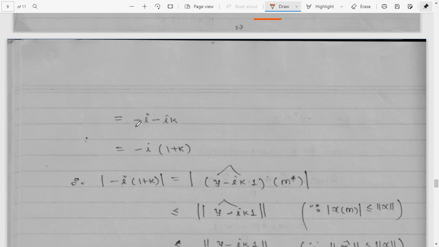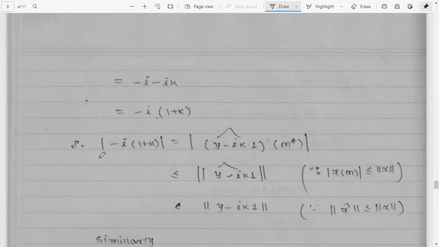Now minus i is common, so minus i into 1 plus k. So we apply the modulus: mod of minus i into 1 plus k is equal to mod of the Gelfand transform of y minus ik·1 at m star.